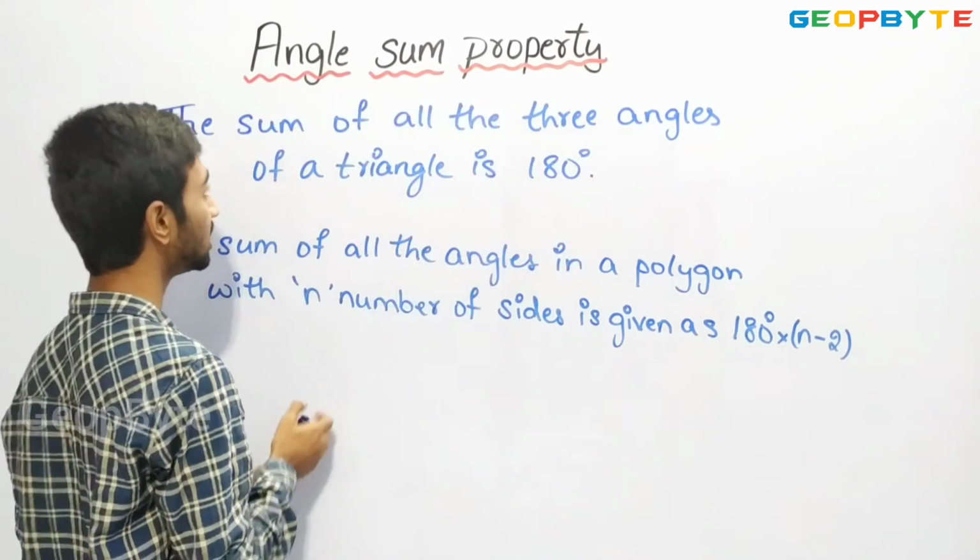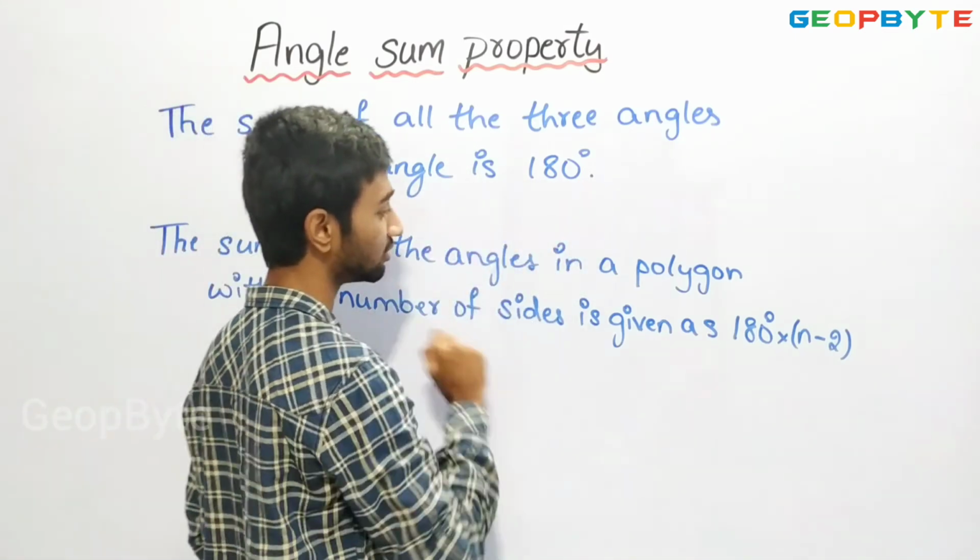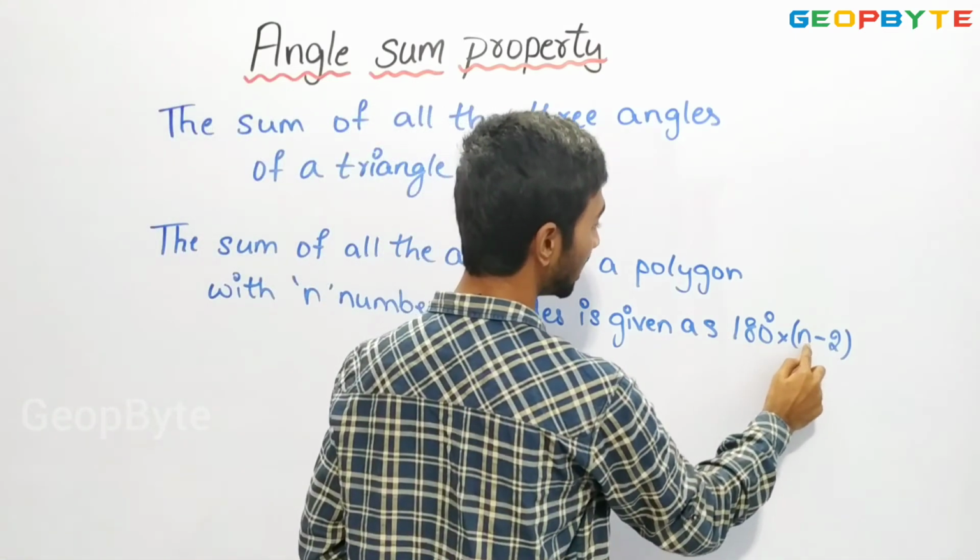So, we have obtained the sum of all the three angles of a triangle is 180 degree by the formula 180 into n minus 2.